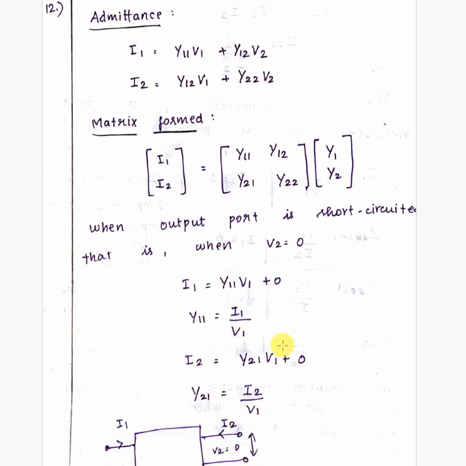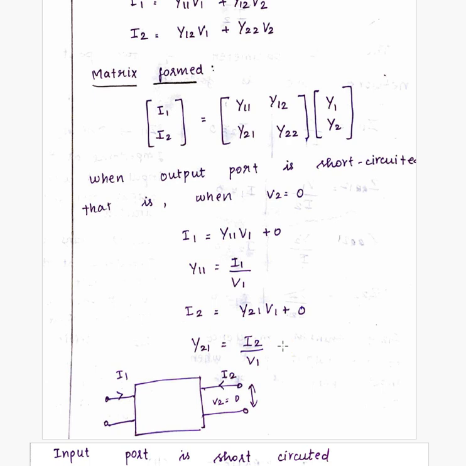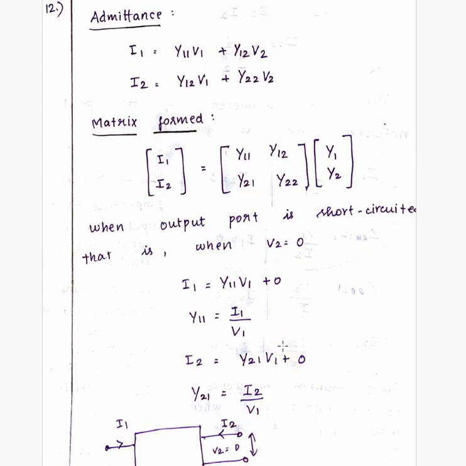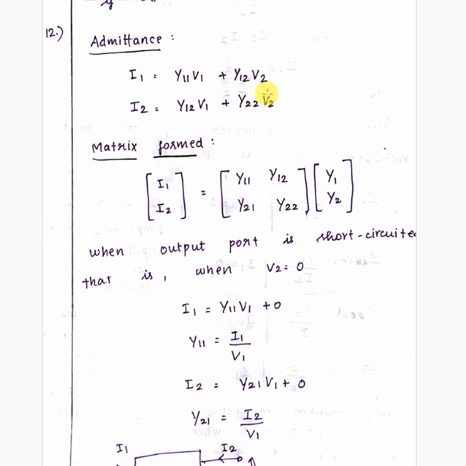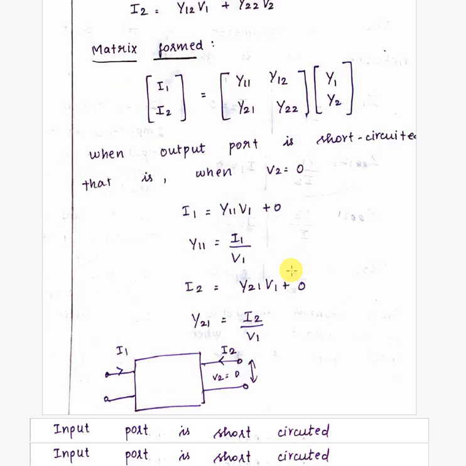So the first condition is we are going to short circuit the output port. Short circuit the output port means V2 value will be 0. So here we substitute V2 equal to 0 in the first equation, and then we can find out the value for Y11.